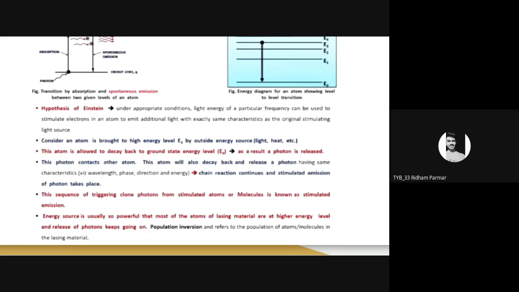While it is coming from the higher level to the lower energy level, it emits the photon. So this emission is either spontaneous emission or stimulated emission. Just as I have mentioned, two types of emissions are there.